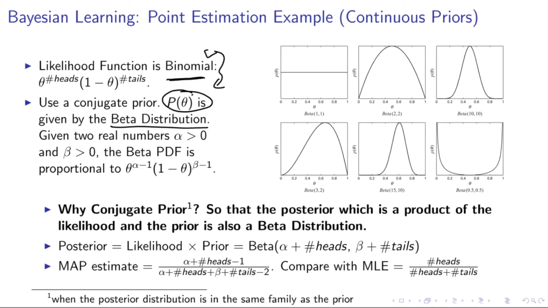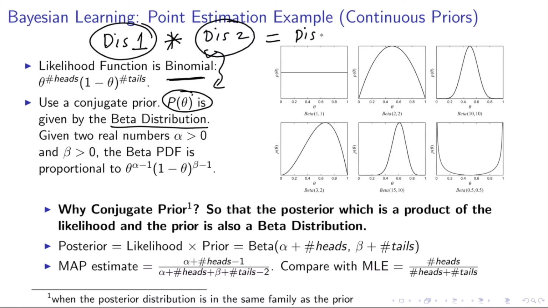Okay, so an example will be, let's say the likelihood function belongs to distribution family 1. Okay, an example is a binomial distribution in this case, or even a Gaussian distribution for that matter. Let's say the likelihood function was Gaussian, and when I multiply that likelihood function with the prior, which belongs to, let's say, distribution family 2, the product of these two, which is nothing but the posterior, will also belong to distribution family 2, right?